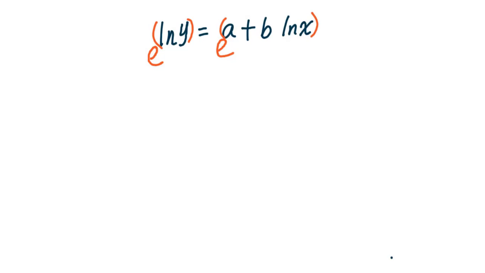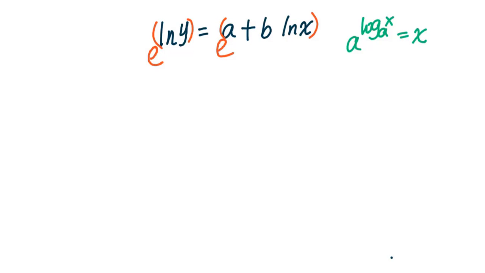Suppose we got the linear regression line like this: natural log of y equals a plus b times the natural log of x. We want to transfer this equation back. First of all, on both sides we do e to the power. According to the formula, e to the log base e of x equals x.